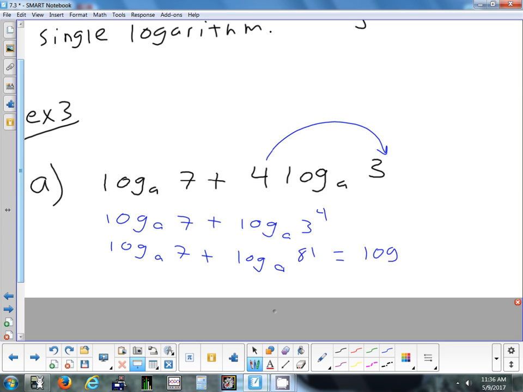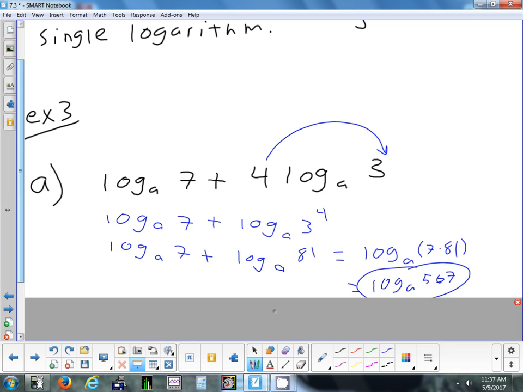Sydney? Yeah, the base will be A. And the argument is going to be the product of 7 and 81. You're going to recombine them as multiplication. And 7 times 81 is 567. You can just use a calculator if you're not sure. And that's it.